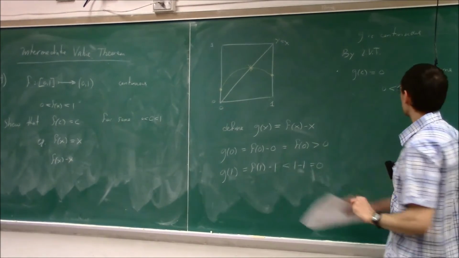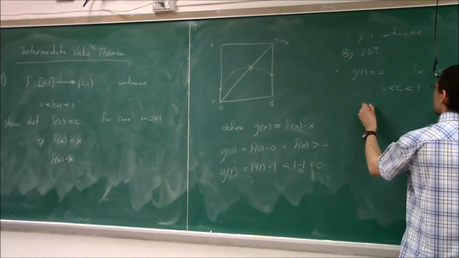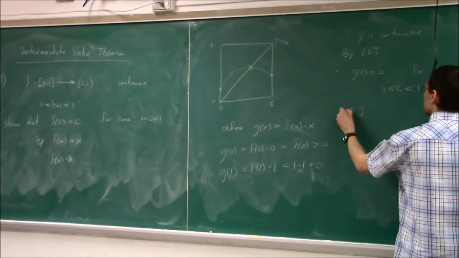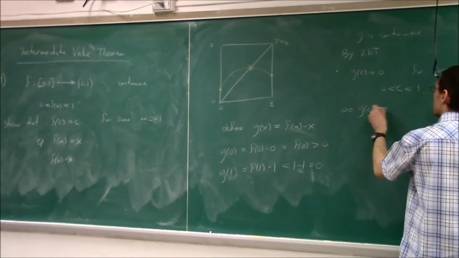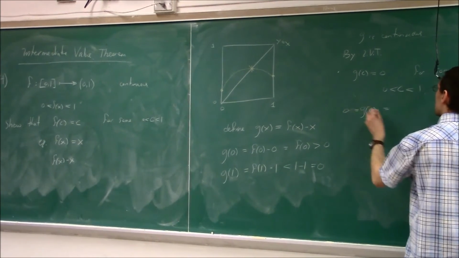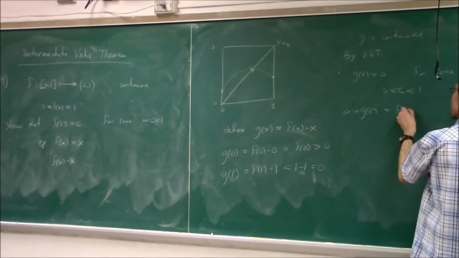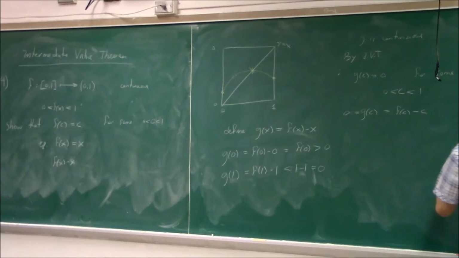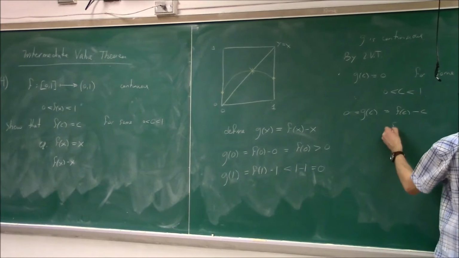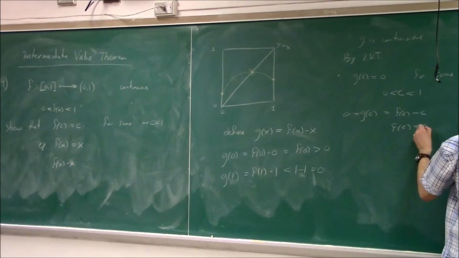Whenever g is equal to 0, that means that 0 equals g of c, which is f of c minus c. So that means that f of c is equal to c.